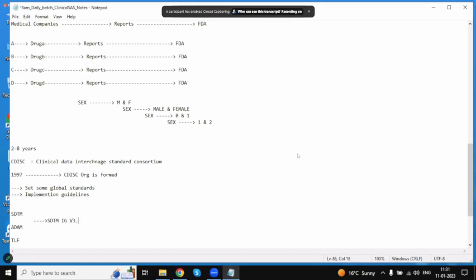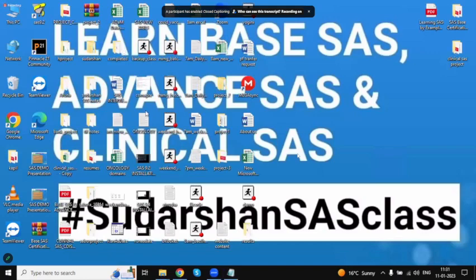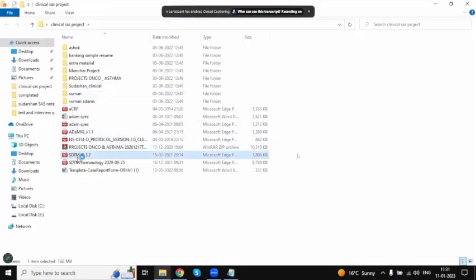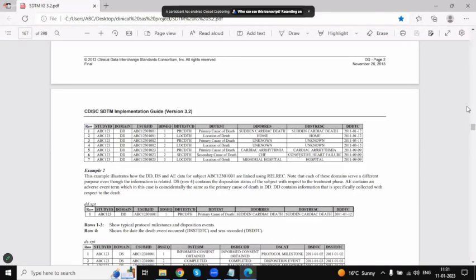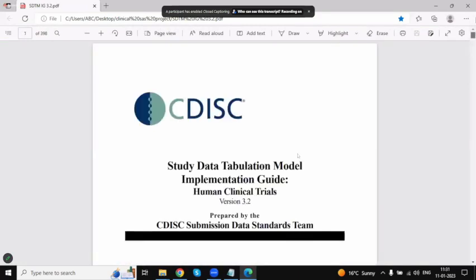Currently 3.2, and recently 3.3 was also released. SDTM is the Study Data Tabulation Model implementation guide.